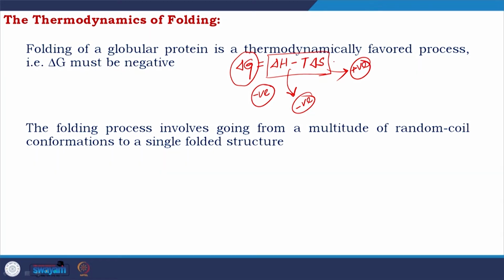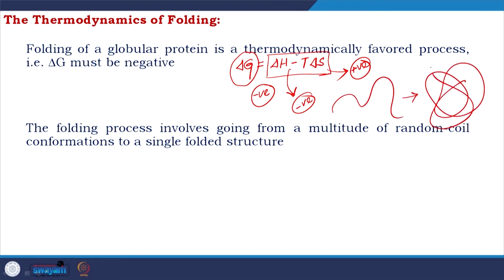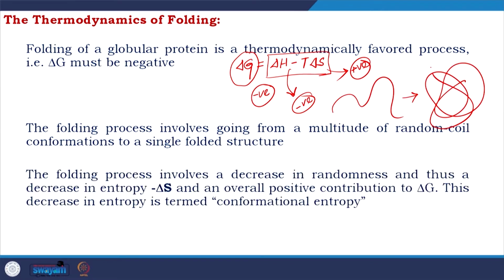Let us check them. The folding process involves going from a multitude of random coil conformations to a single folded structure, from a random coil to a fold. The folding process involves a decrease in randomness and thus a decrease in the entropy and an overall positive contribution to del G. This decrease in entropy is called conformational entropy.